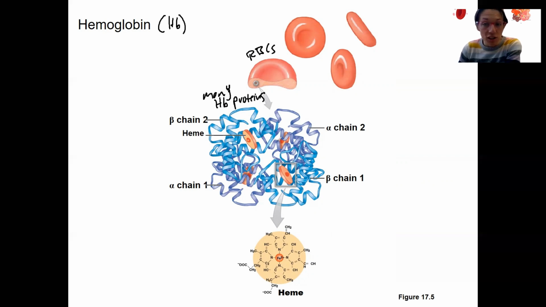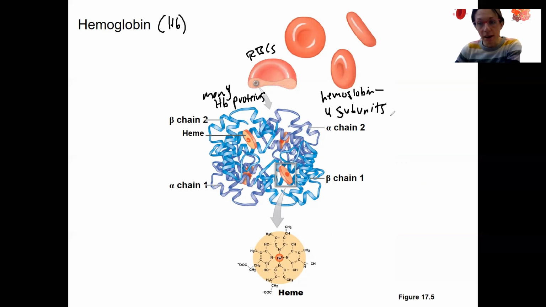Alpha helices, beta sheets, a lot of alpha helices. There are 4 subunits of hemoglobin. This is quaternary structure, it's called. So tertiary is the folding. Quaternary means that there is more than one subunit bound together.